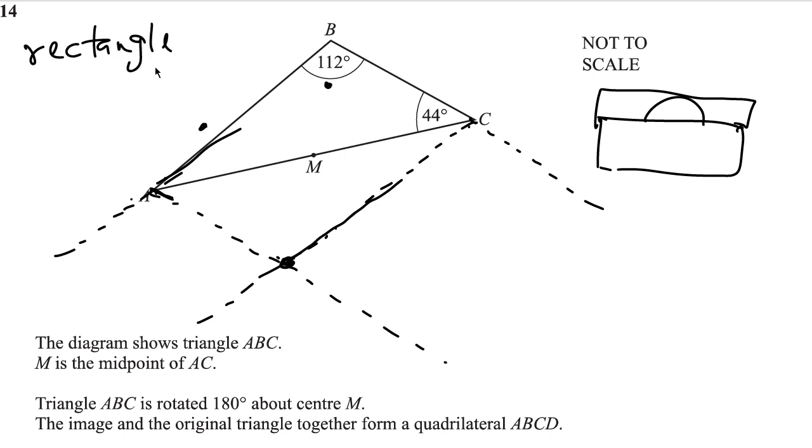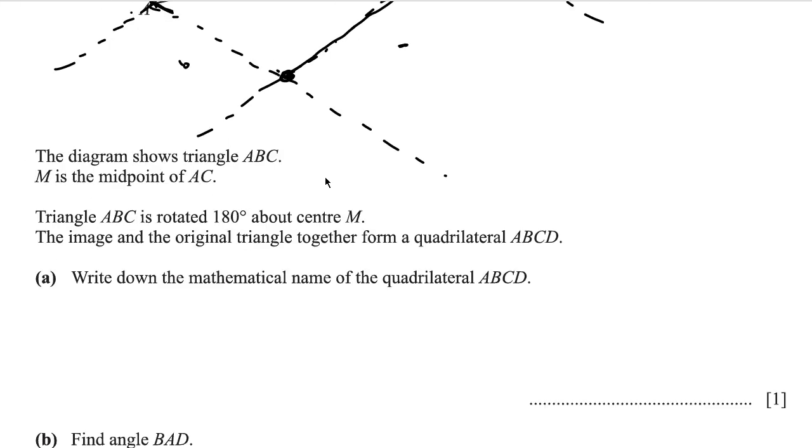Because if it's a rectangle, it means that each angle is 90 degrees. So that implies that it's a parallelogram. Why? Because we have two opposite sides equal: this side and this side equal, this side and this side equal, right? It's not a rhombus because in the case of a rhombus, all sides are going to be equal, right? Okay, so the correct answer to this is parallelogram.